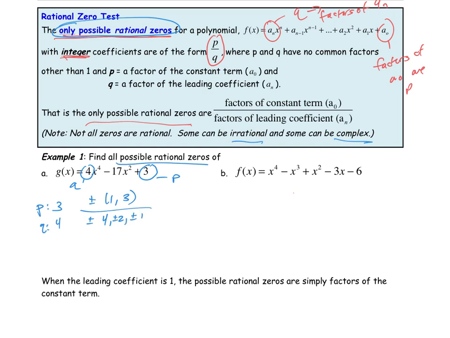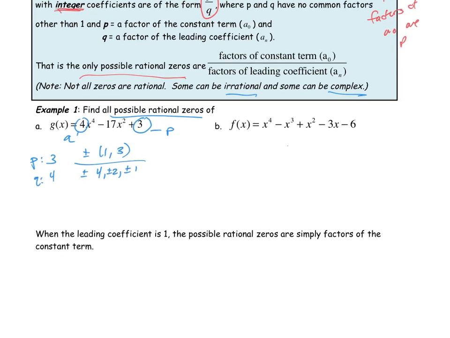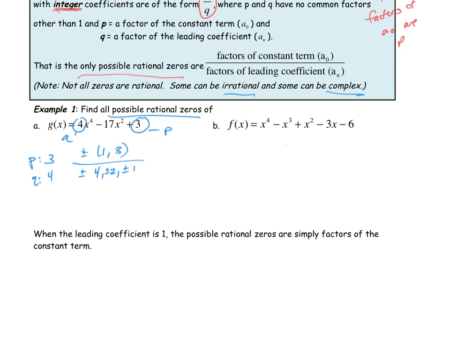When you're asked to find all possible rational zeros, you actually need to list them out. You can't leave them in this form. So I'm going to take the first factor, plus or minus 1, and divide it by 4, 2, and 1, giving plus or minus 1/4, plus or minus 1/2, plus or minus 1.